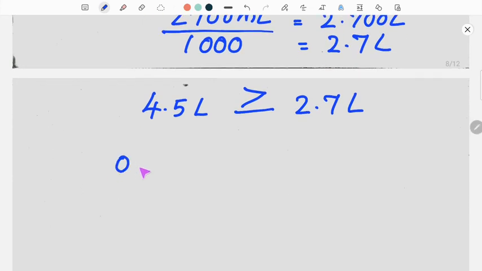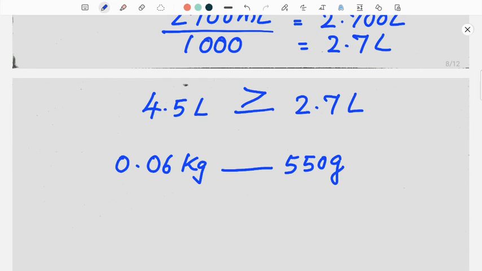Next is 0.06 kilogram and 550 gram. Here change the smaller unit to the bigger unit. Gram to kilogram. 1000 grams is equal to 1 kilogram.